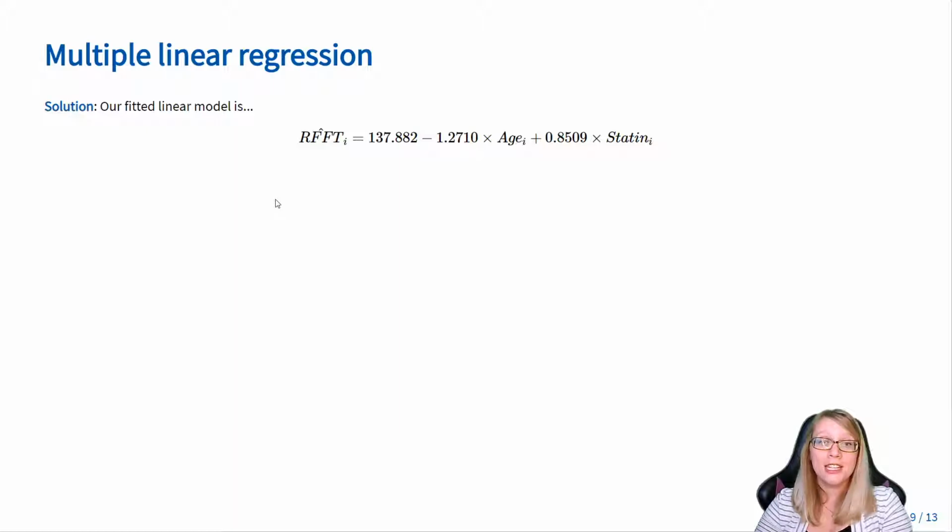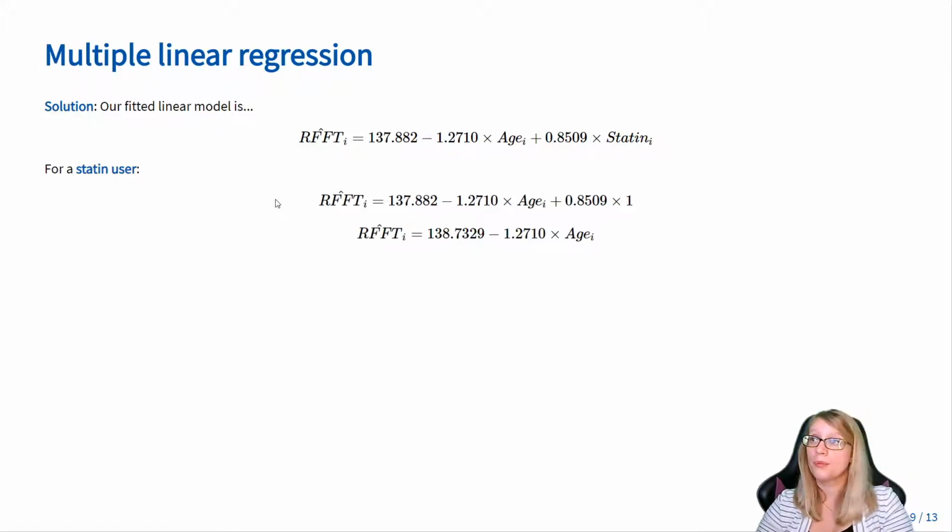So our fitted model is RFFT is 137.882 minus some effect of age, so age tends to decrease that. There is actually a positive effect of statin use. Statin use has a positive slope, so it looks like it's actually increasing this figural fluency test score.